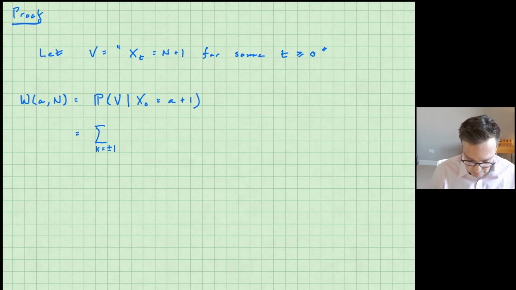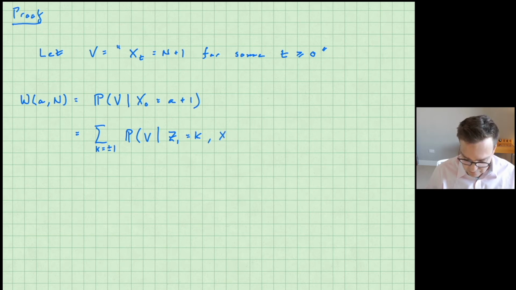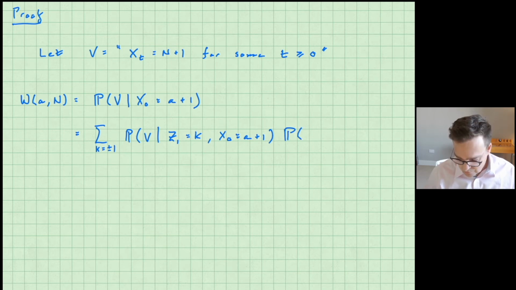And I'm going to say the probability of V, or victory, given Z1, so the outcome of game 1, whether or not you go up or down a token on the first game, is equal to K, so it's plus or minus 1, given that x0 was equal to A+1. Right, so that's using the total probability theorem. Then I have to put over here the other probability that Z1 is equal to K, given that x0 is equal to A+1.